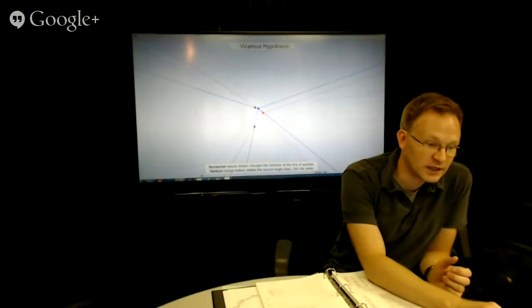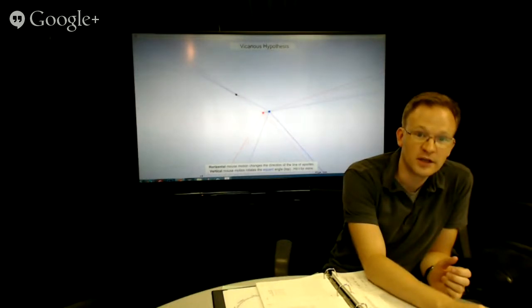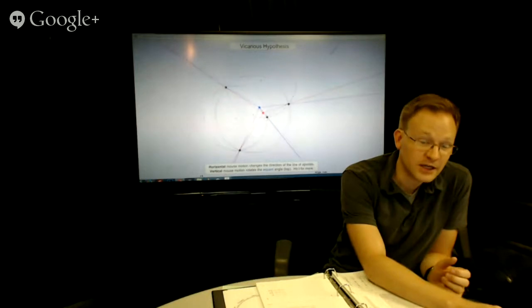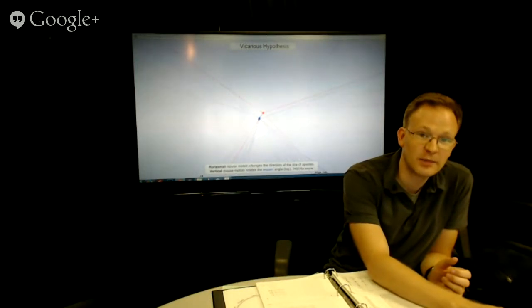Moving the mouse horizontally, see where the blue, the equant, is moving? The direction of it from the sun is moving around? Yeah. That's changing the line of apsides. Who knows what the line of apsides is? Well, let's figure it out. Here's the other thing. If I move the mouse vertically, I'll move it all the way to the left there. Look what happens there. What's going on with that?